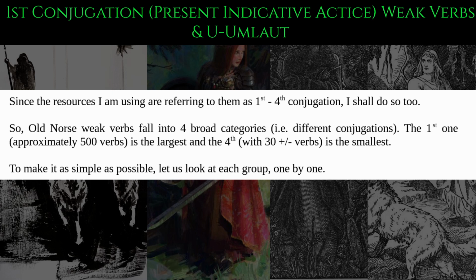So, to make it as simple as possible, let us look at each group one by one, and in this lesson we will focus solely on the first conjugation weak verbs, also known as the A conjugation.